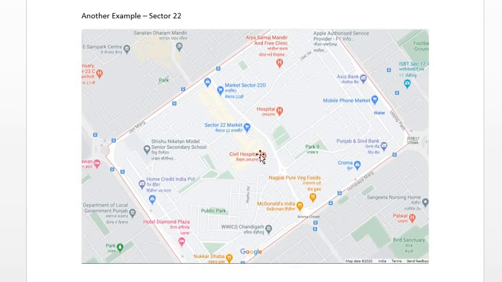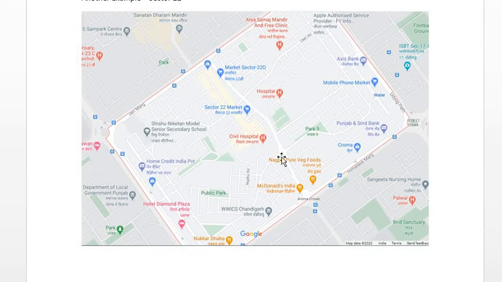And let us take another example, that is the sector 22. Here is the market of the sector 22, which is again located at the center of the sector, and there are banks, and there is a school which is the Shishu Niketan Public Senior Secondary School, and there is a public park as well at the center of the sector, and there is a hospital.